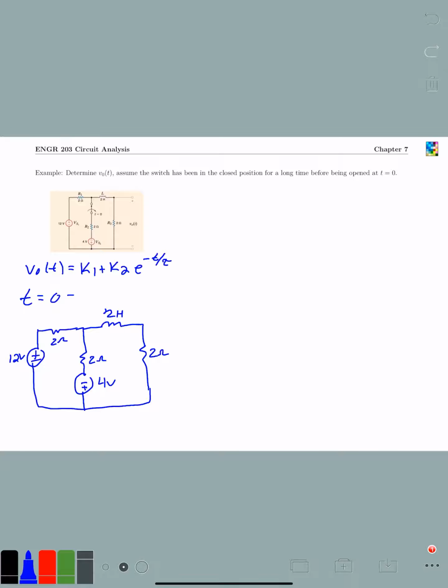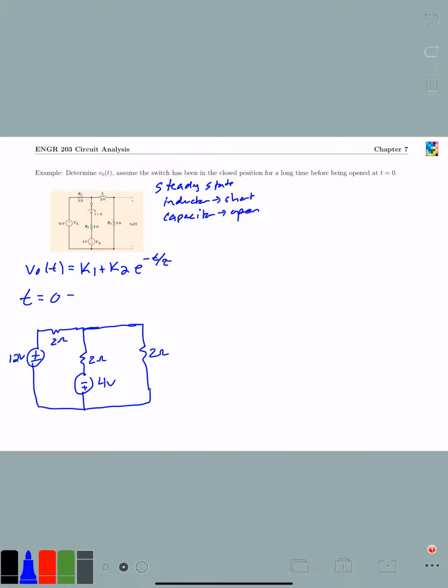However, the only thing I want to point out is that since the switch has been this way for a long time, we've reached steady state, and in steady state, inductors are shorts. So again, in steady state, if you have an inductor, it goes to a short, and if you have a capacitor, it goes to an open.